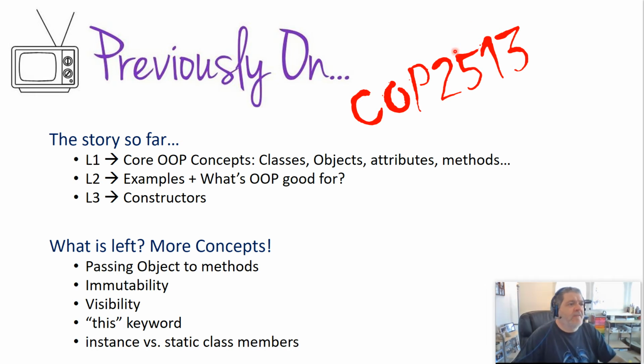Okay. Then we considered some examples to discuss a little bit about what OOP was good for. We spent a lot of time last lecture going through constructors. So that's one of the first OOP mechanics really that we looked at in detail. And then what do we have left to do?